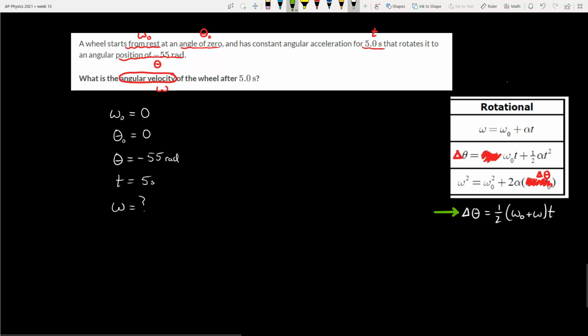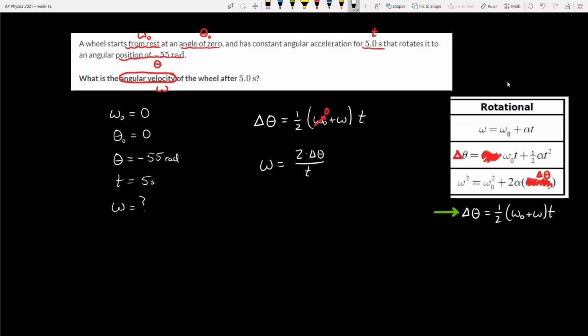Okay, so we can set that equation up and then rearrange this equation. One of those should be a final. Oops. And then we can rearrange this equation to solve for the final angular velocity right there. So when we do that, make your life easy, the initial angular velocity was 0.